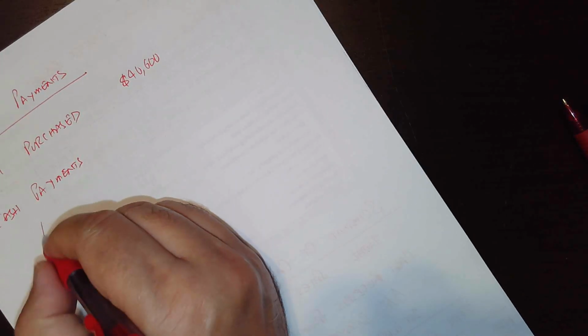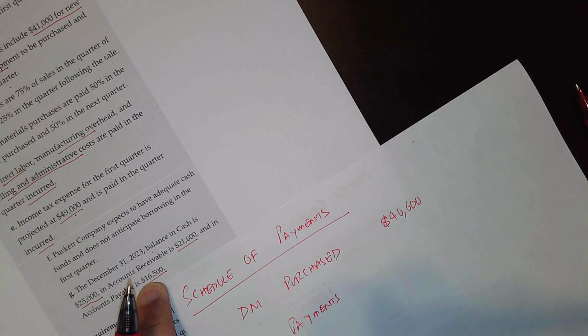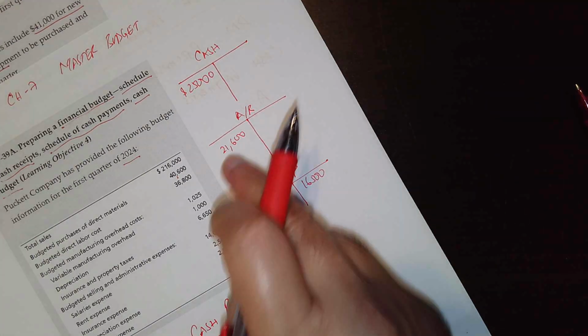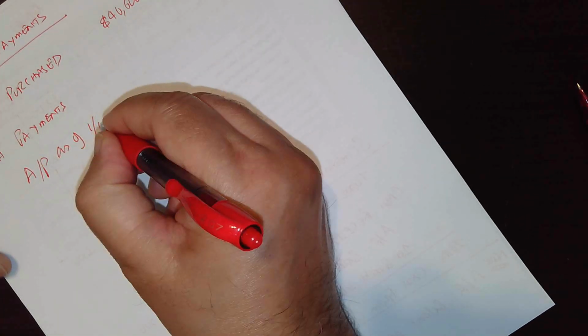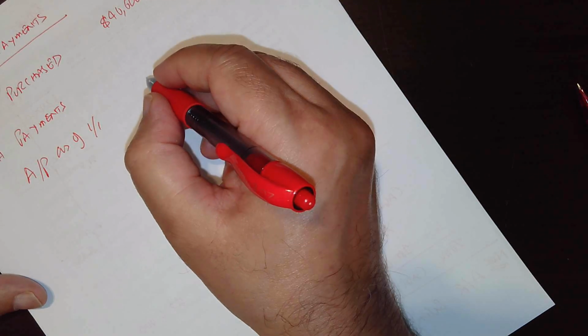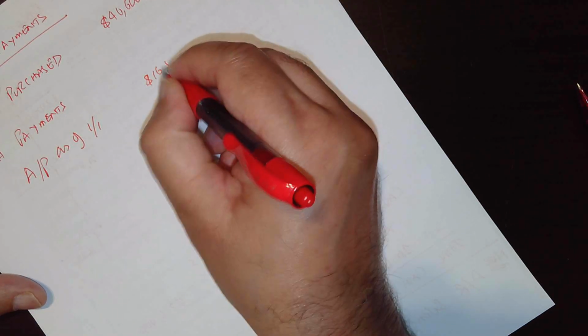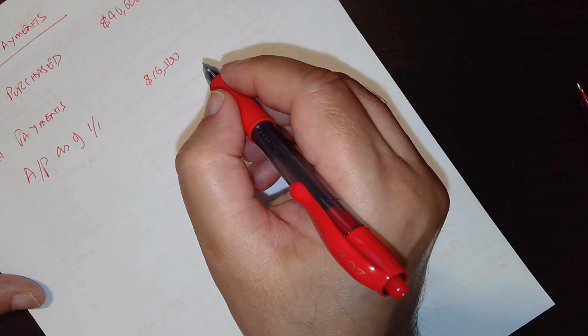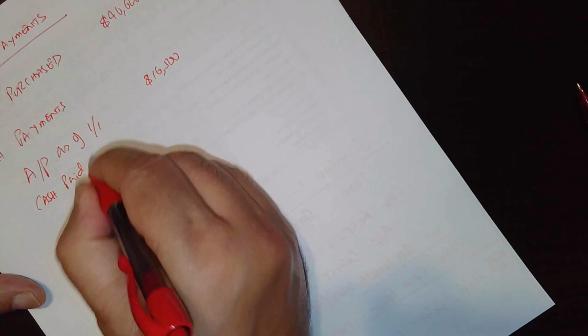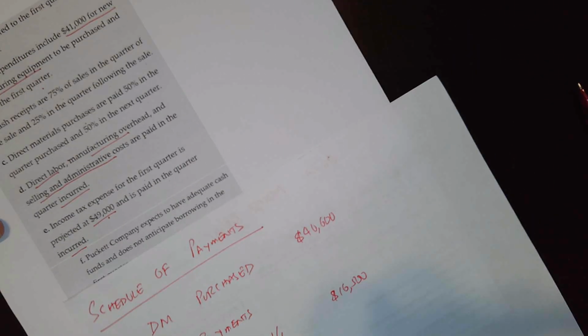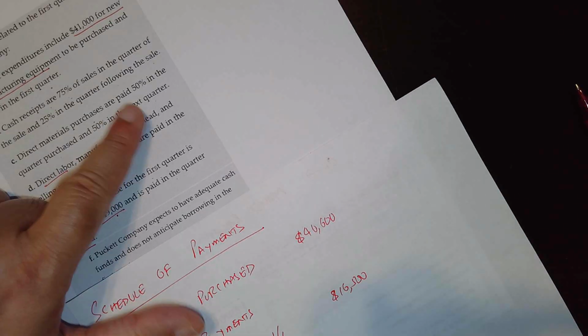First thing we have is accounts payable that we have known is 16,500, the one that we made over here. So we have an accounts payable as of December 31st or January 1st of 16,500. And then we have cash paid for direct material. Remember, direct material purchases are paid 50% in the quarter.